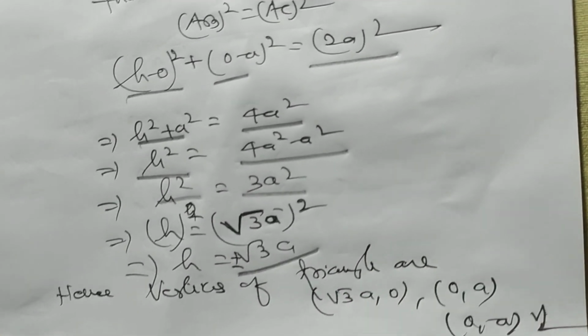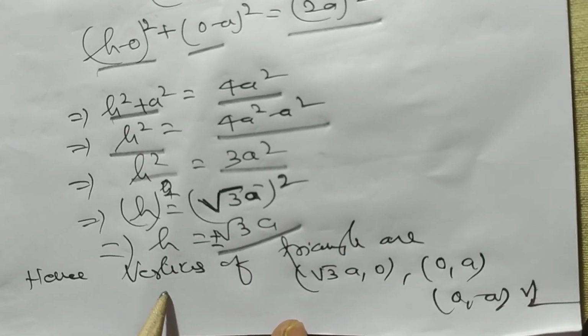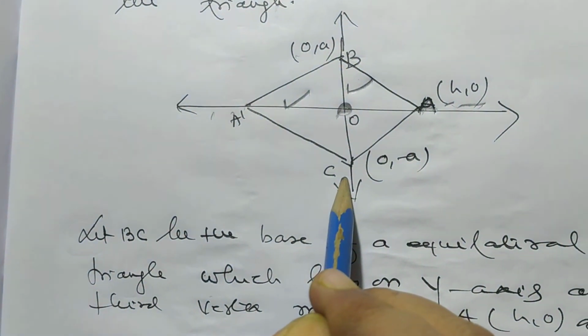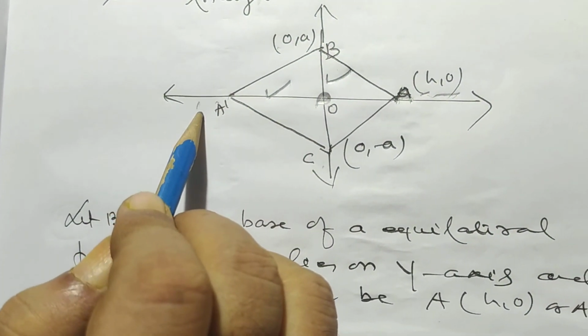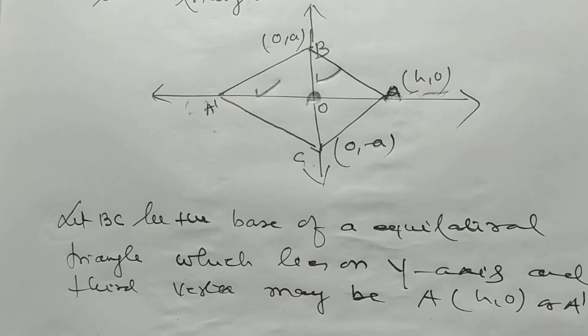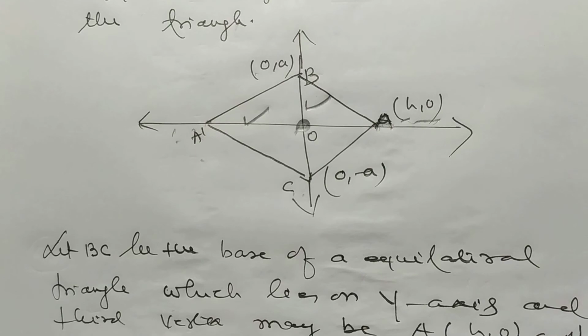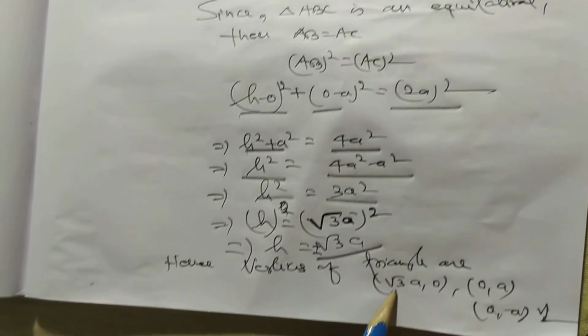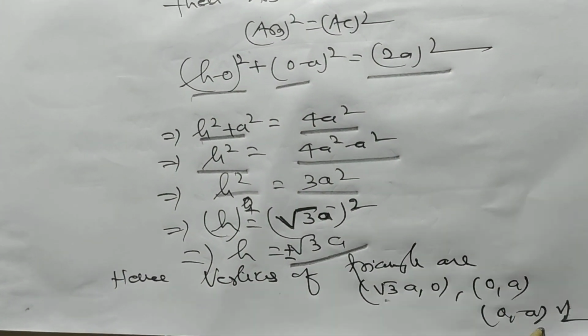Dear students, if it is root 3 a, then we will get this figure. If it is minus root 3 a, then we will get this figure. So, finding the vertices of the triangle, the required vertices are (root 3 a, 0), (0, a), (0, -a).